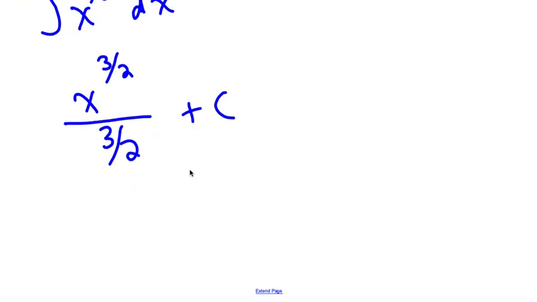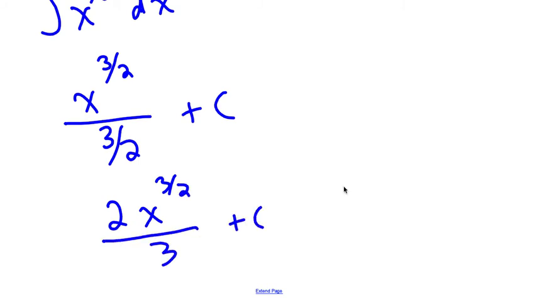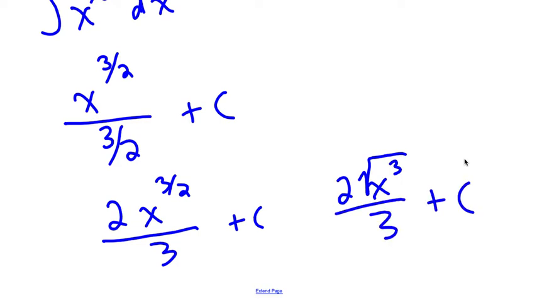So let's clean this up a little bit. 2x to the 3/2 over 3 plus c. We could also write this as 2x cubed underneath the square root over 3 plus c. Any of those would be acceptable.